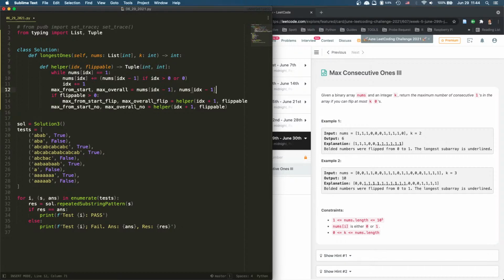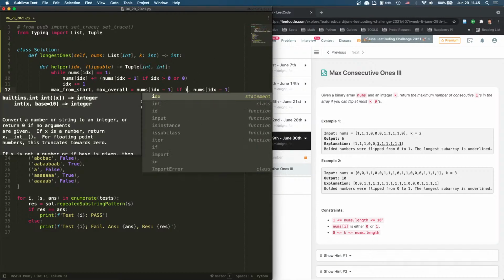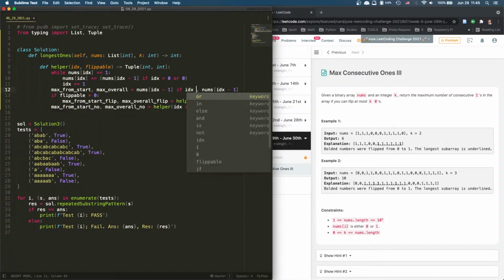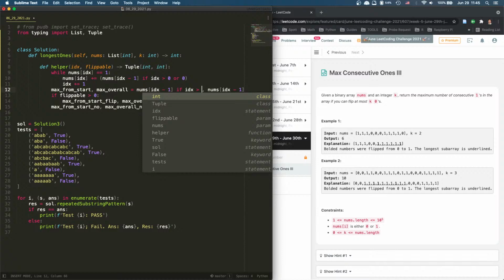Right? And so far is what we have. And what if it's the starting point? Then it's 0, right? And it's 0. So let me say equals this, if index is larger than 0, else 0.